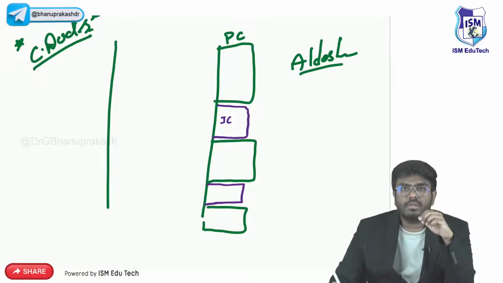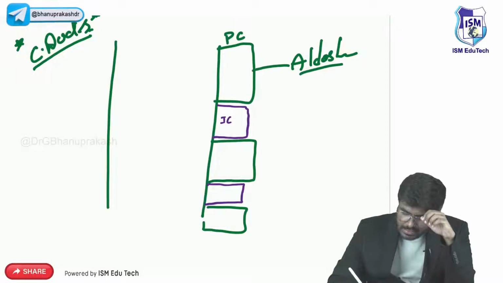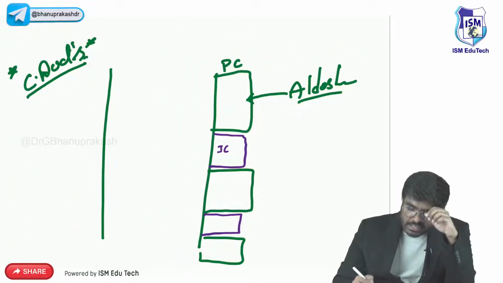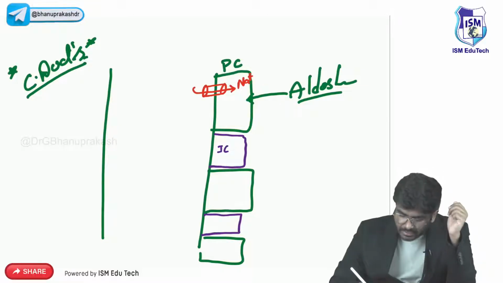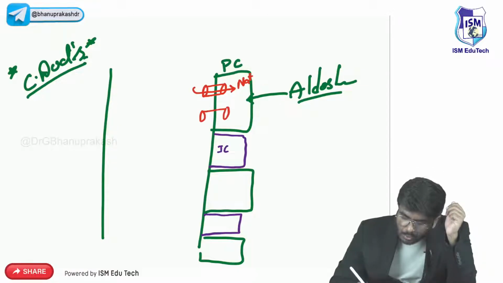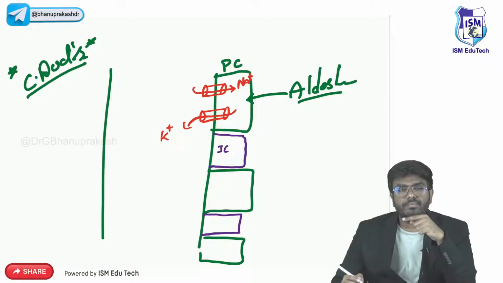Aldosterone acts on the principal cells. Only when aldosterone acts on the principal cells do they start to reabsorb sodium, and potassium is going to be excreted. Sodium reabsorption and potassium excretion.